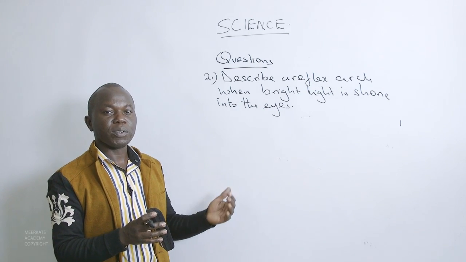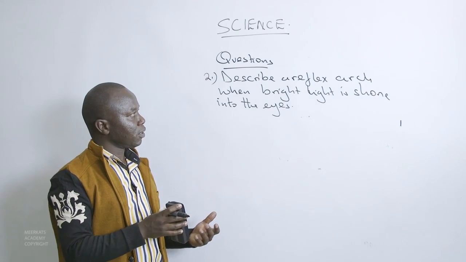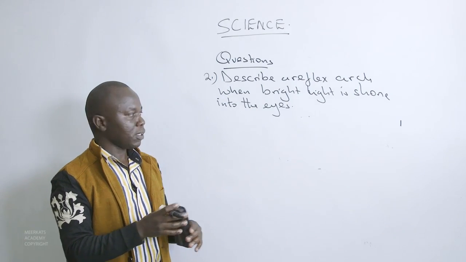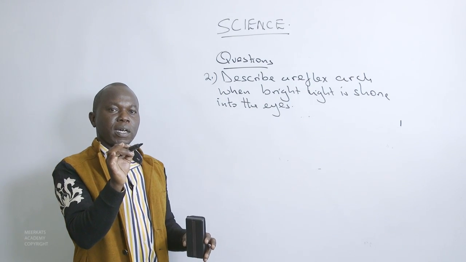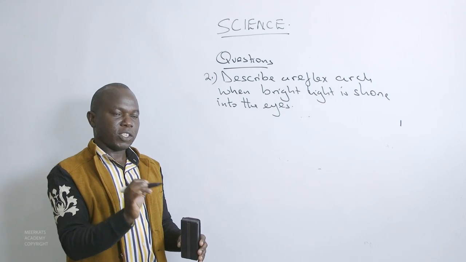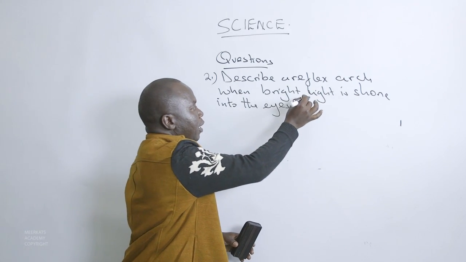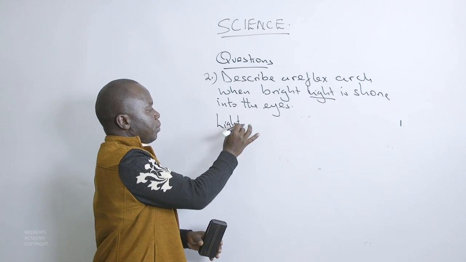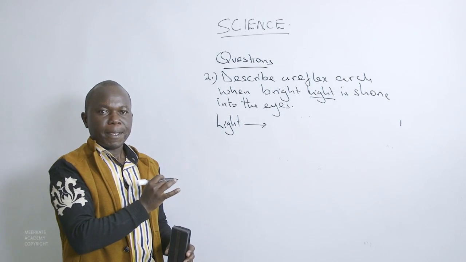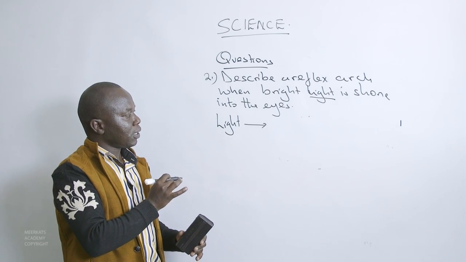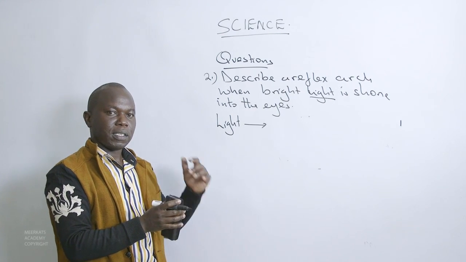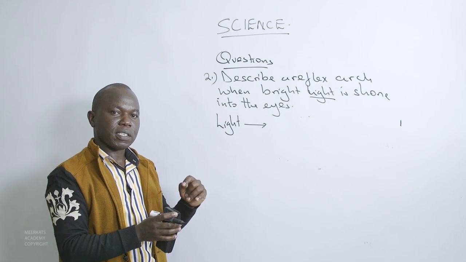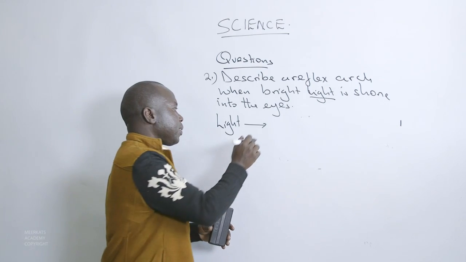We are going to describe it using a flowchart. So when a bright light is shown into the eyes, first of all, we have to identify the stimulus. The stimulus here is light. It stimulates some receptors in the eye. Specific receptors in the eye are found in the retina, and they are called photoreceptors.